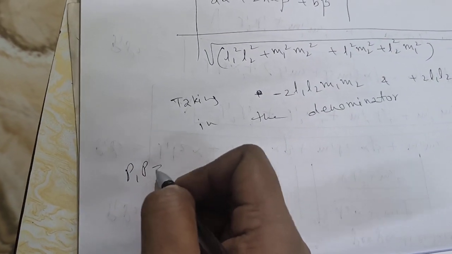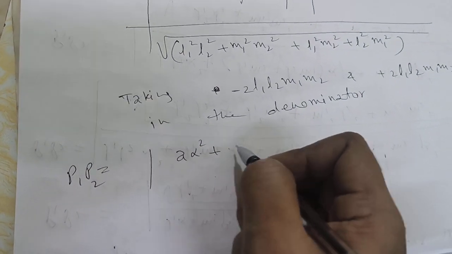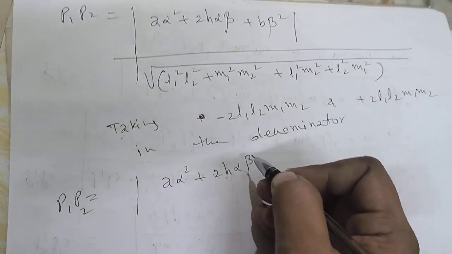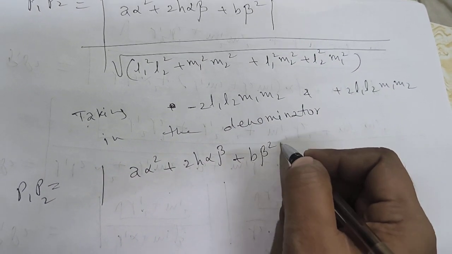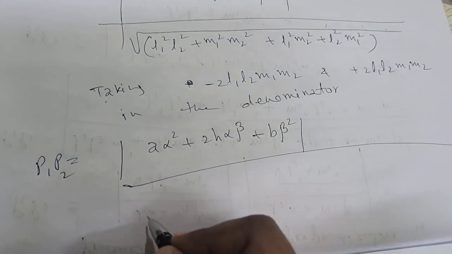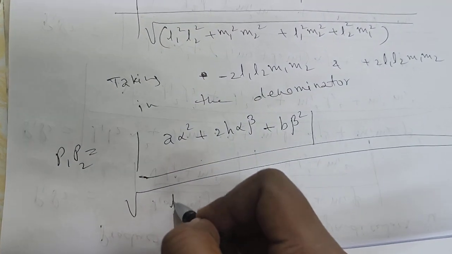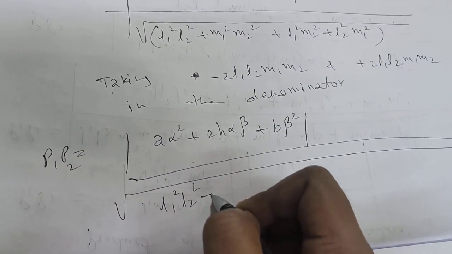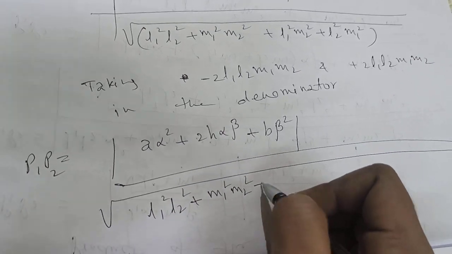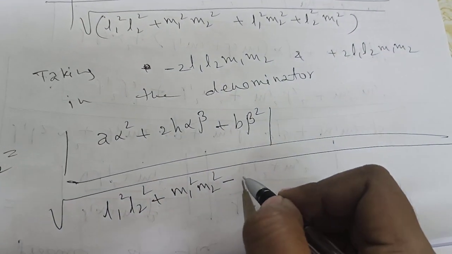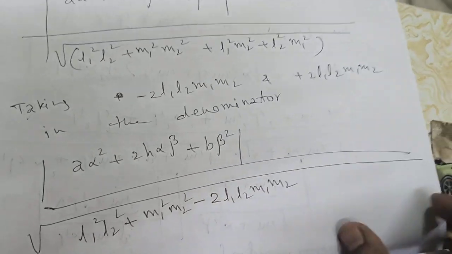So P1 P2 is equal to A alpha square plus 2H alpha beta plus B beta square, numerator we are writing as it is, divided by under root, first we will write l1 square l2 square plus m1 square m2 square minus this term, minus 2 l1 l2 m1 m2.